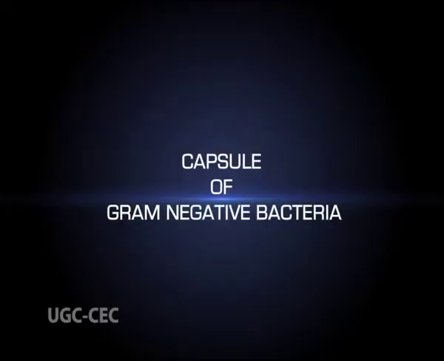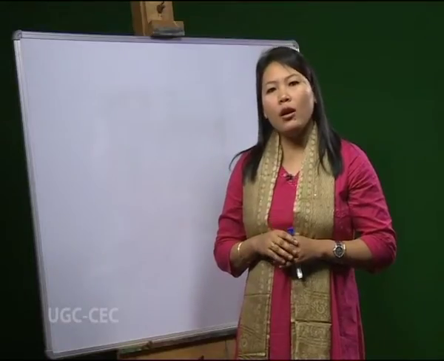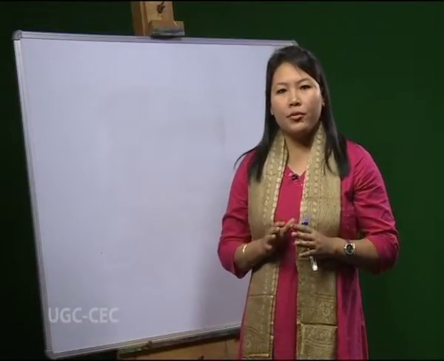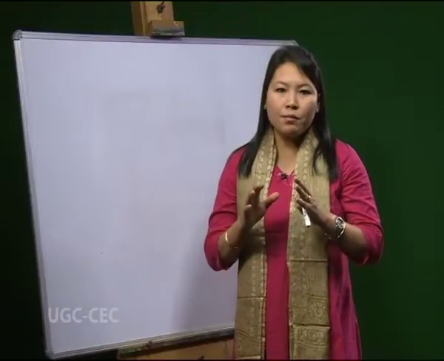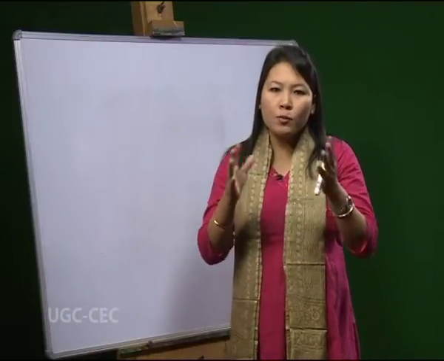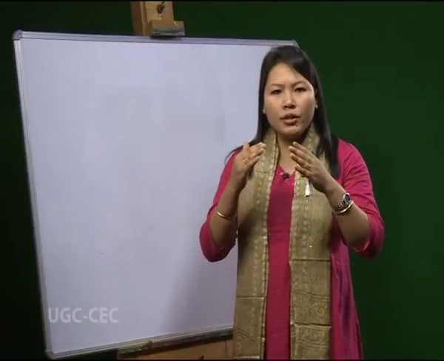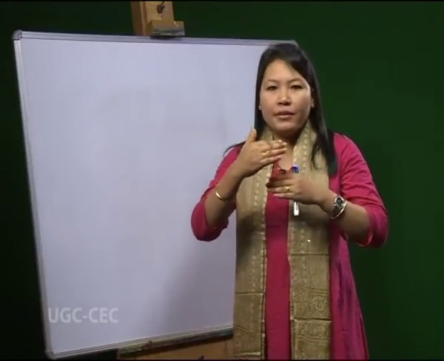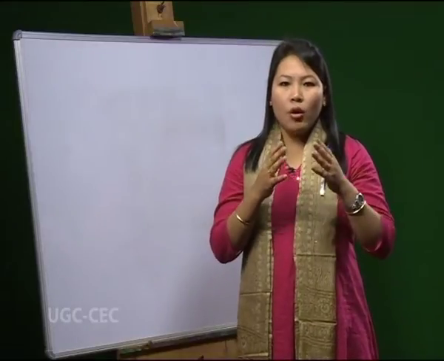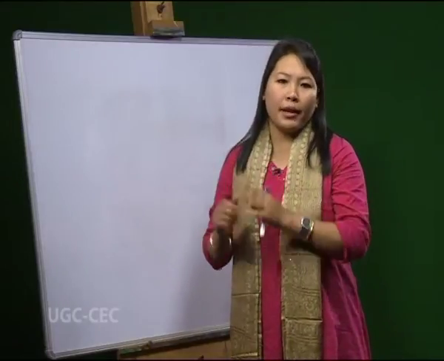So next we'll come to the capsule of gram-negative bacteria. The cell wall of gram-negative bacteria contains less peptidoglycan and lies close by the outer membrane, that we all know. Its outer membrane confers defensive abilities and toxigenic properties on many pathogens.